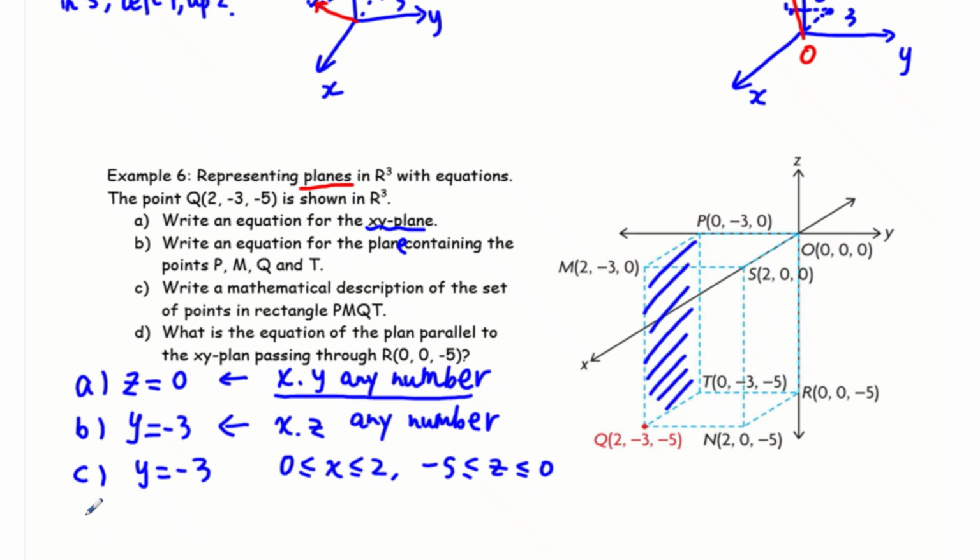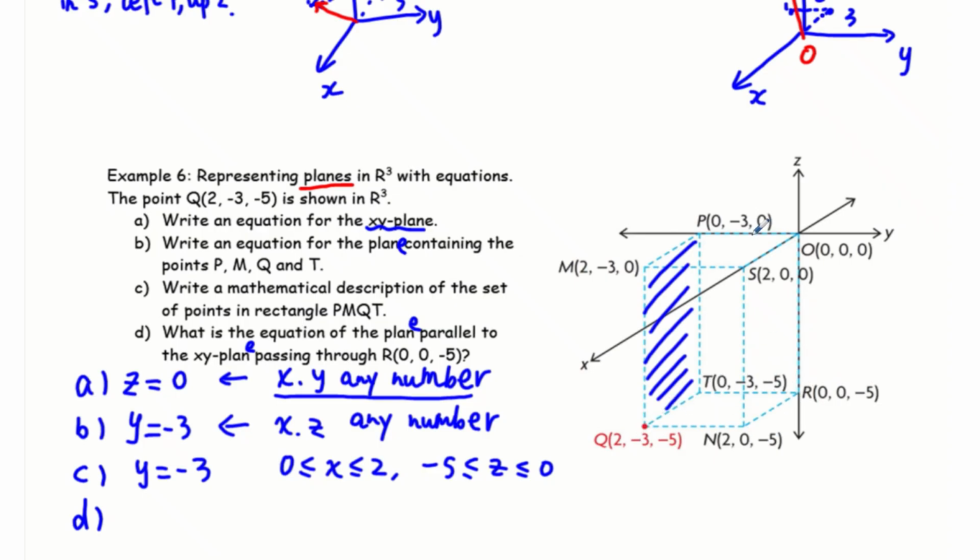So question D. What's the equation of the plane parallel to the xy plane and passing through the point 0, 0, -5? So for the equation of this plane, you will see on this plane all the z values are the same.